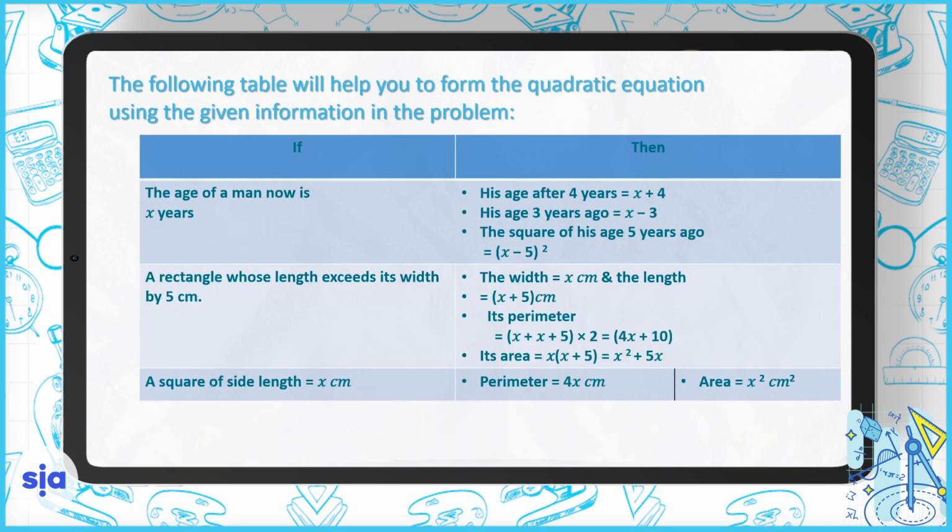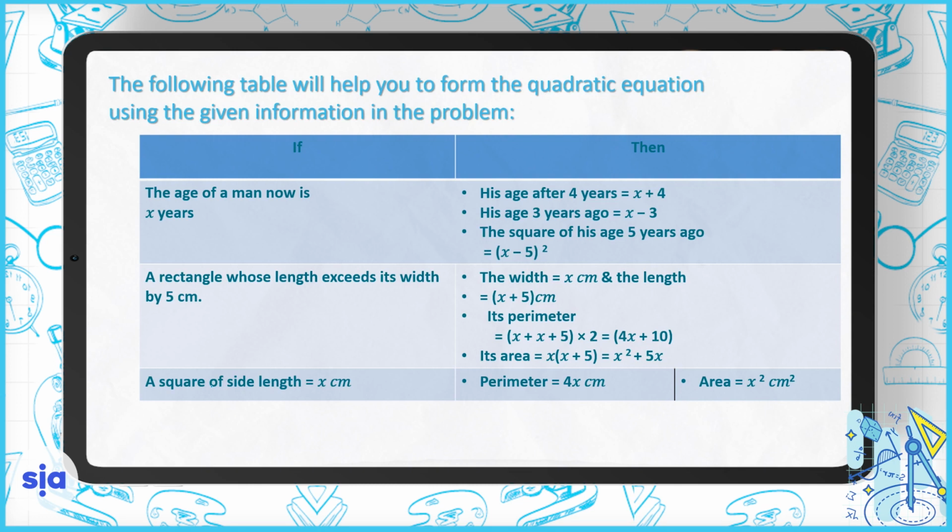If the question said the age of a man now is x years, so for sure his age 4 years from now is going to increase, right? So it's x plus 4. If the question said 2 years ago, so we're going backward in age, so it's x minus 2.